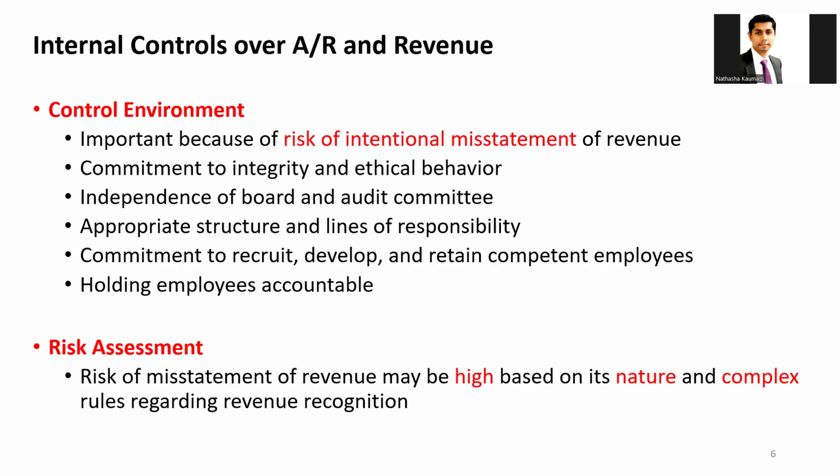And then what are the things to be covered under internal controls? The control environment, the tone at the top, whether the top management is supporting the internal controls, whether there's a good control environment, whether the independent board is there, whether the board and the audit committee are independent of each other, whether they are valuing ethical behavior, whether employees are behaving ethically. Likewise, you try to understand.